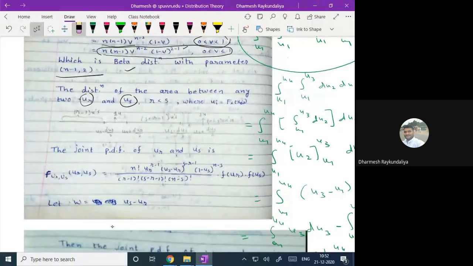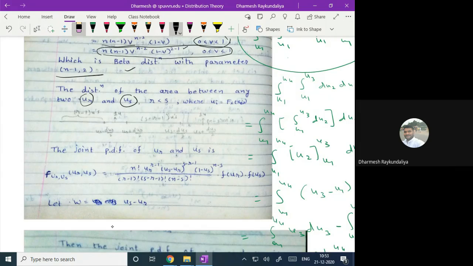It is r minus 1, and each has probability UR, so it is UR raised to r minus 1. How many observations lie between US and UR? It is s minus r minus 1. And what is the probability of the observations between the rth order statistic and the sth order statistic? We know that it is US minus UR raised to s minus r.